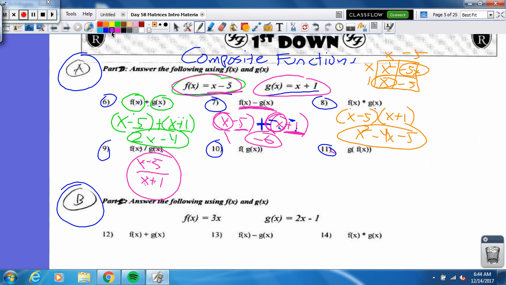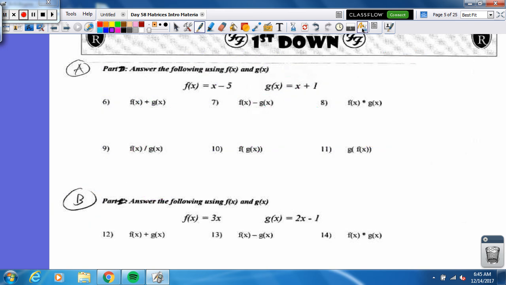Now here's where it gets really good, 10 and 11. So what am I going to do here? g of x is going to go into f of x. If there was a number here, I'd plug it into g and then plug it back, but there's just an x. So if I plug in x, I just get g of x. I'm going to take g of x and plug this whole function right into that x.